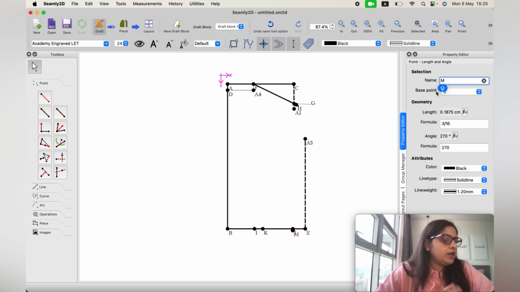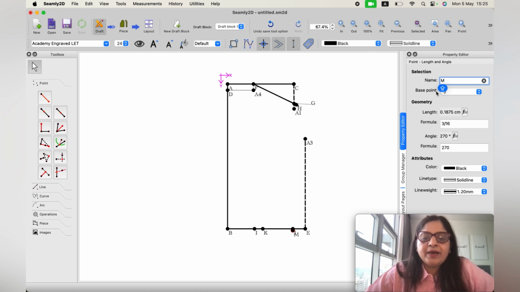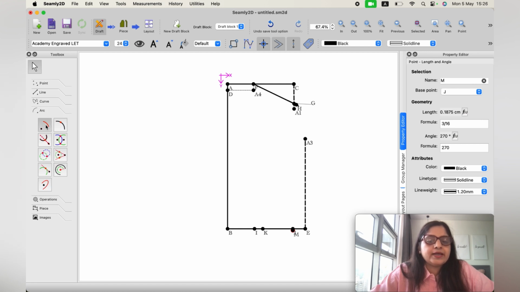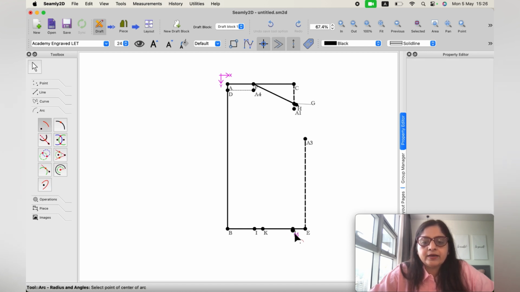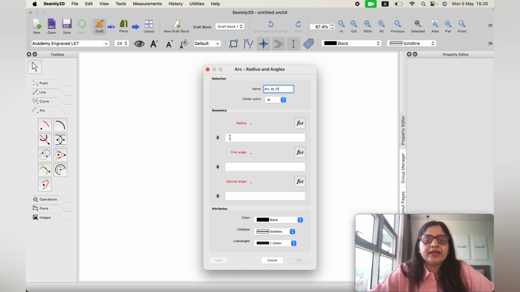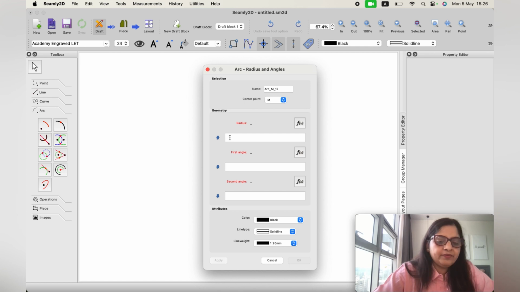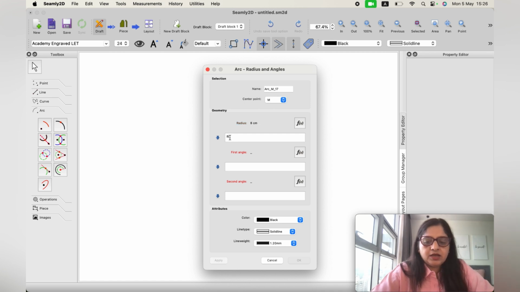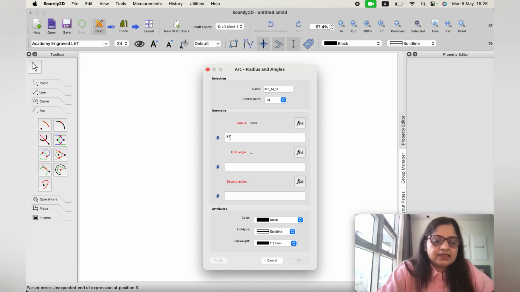Okay. Now M to N will be my side length. So this length will come here along this line. So again I'll use my arc tool. I'll take an arc. My M point will be my center, and my radius will be 8 plus 3/8.